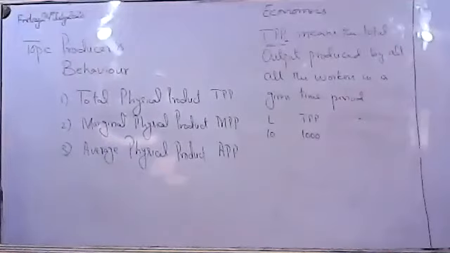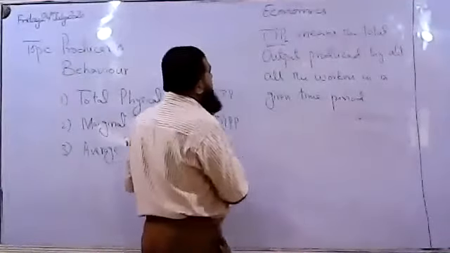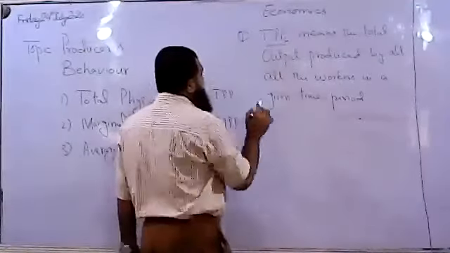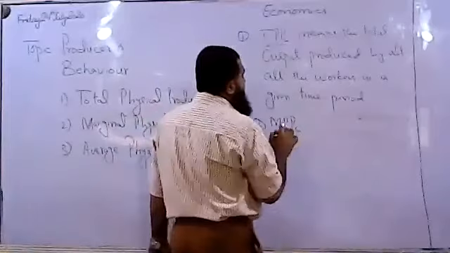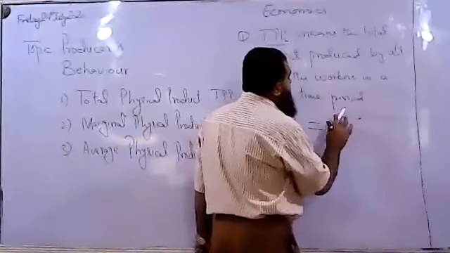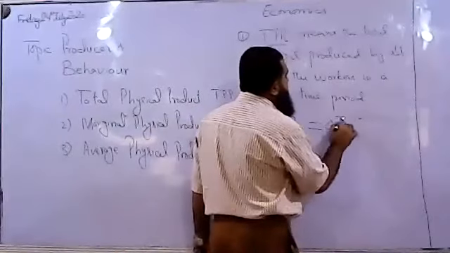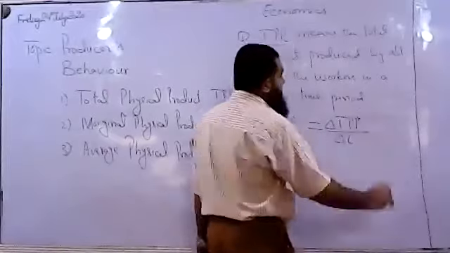Now, what is meant by the marginal physical product of labor? This is total physical product. Now, what is marginal physical product of labor? This is called the change in total physical product due to change in labor.